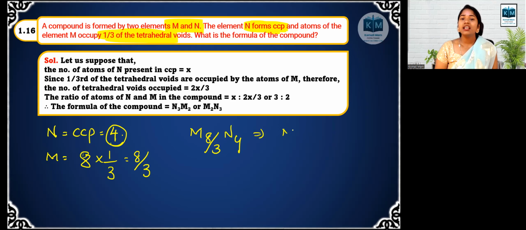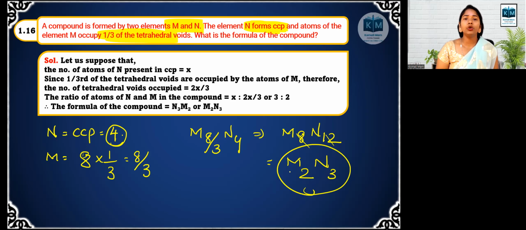Now just do a cross multiplication: 4 threes are 12. Then take the simplest ratio. So M2N3 will be the formula. Is it clear?